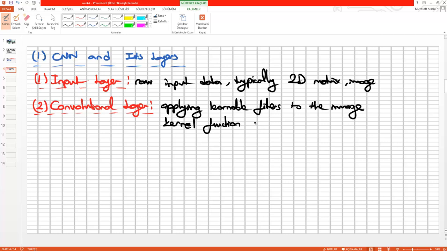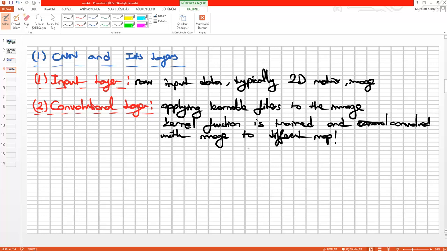This kernel function is trained by the backpropagation rule and convolved with the image to what? To different feature maps.